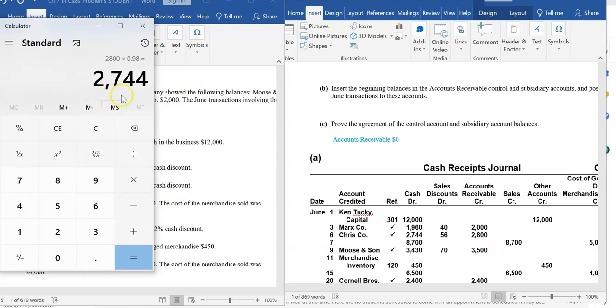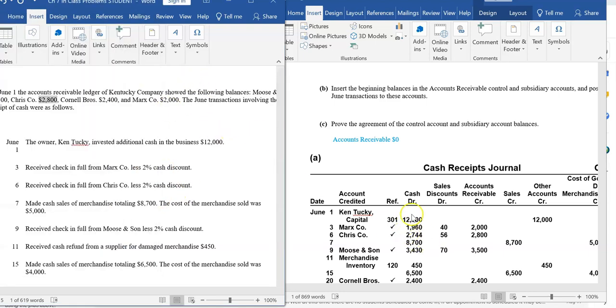We are only going to get $2,744 in cash, so we will be debiting the cash debit column for $2,744. Accounts receivable is decreased by the full amount of the receivable because they're paying in full. The difference between the cash received and the amount of the receivable is the amount of the sales discount going into the debit column.